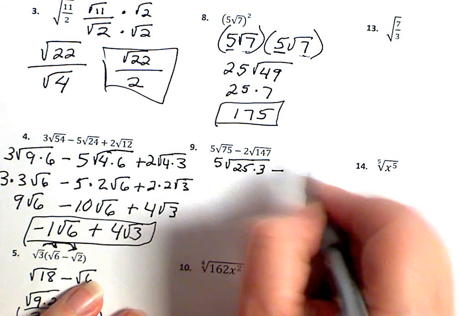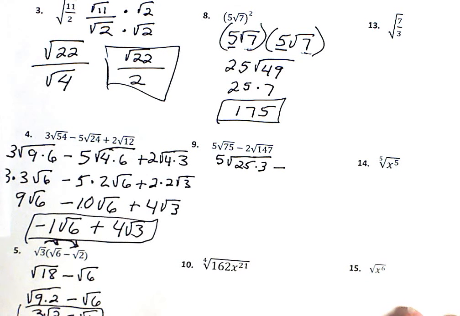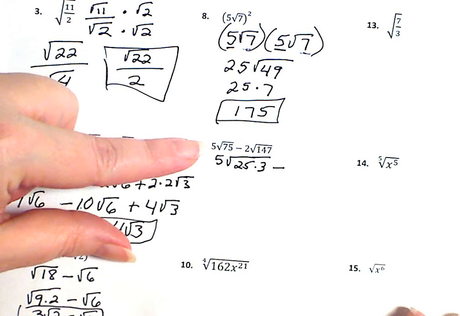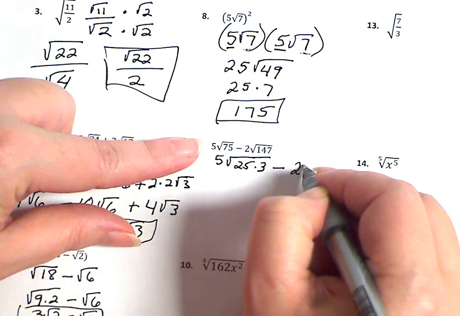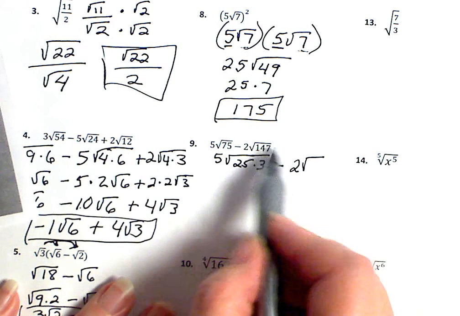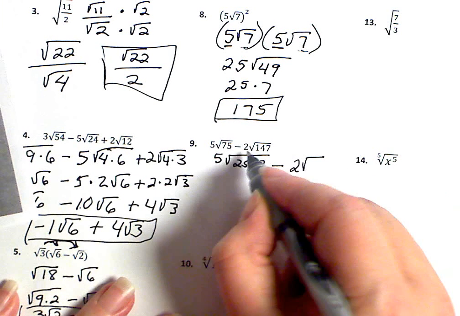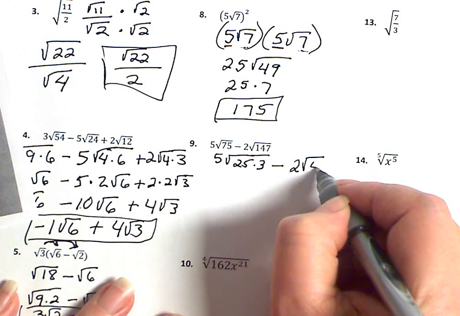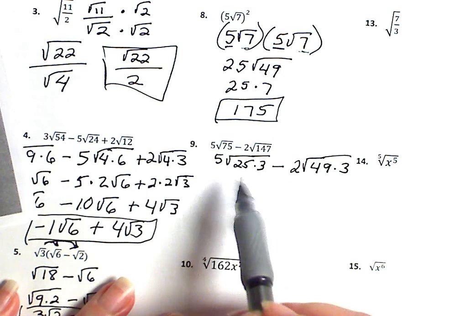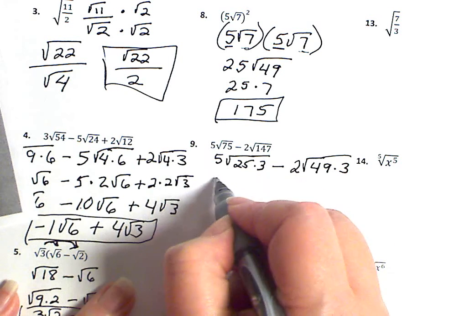Minus, what about 147? 147 is 49 times 3. So, square root of 25 is 5.